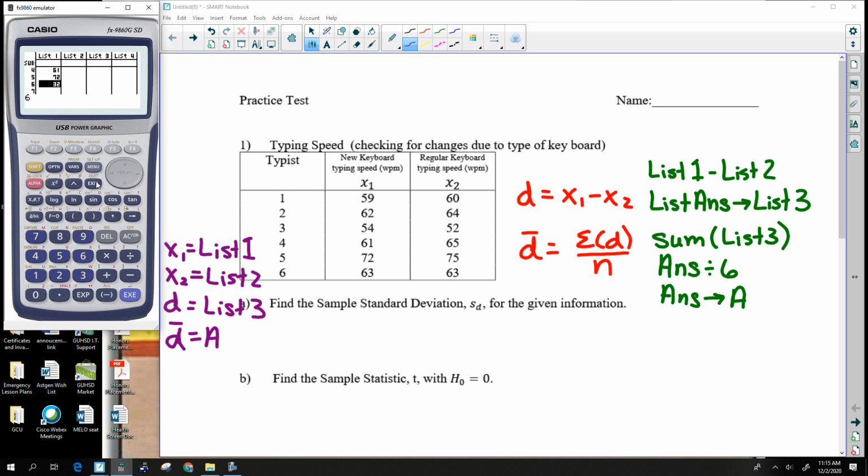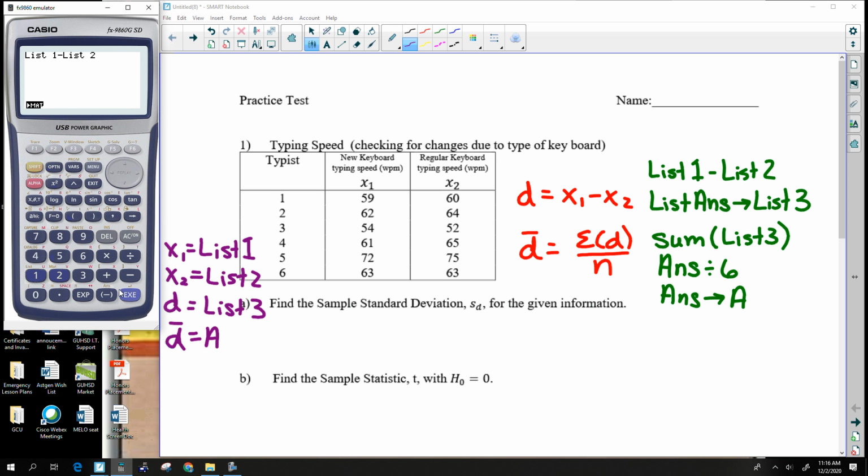All right, and then we have 60, 64, 52, 65, 75, and 63. Okay, looks good.